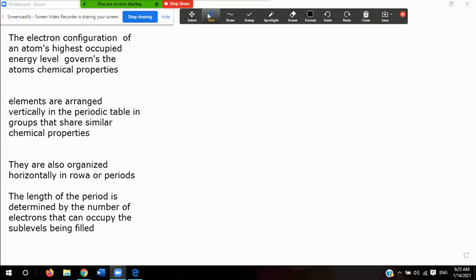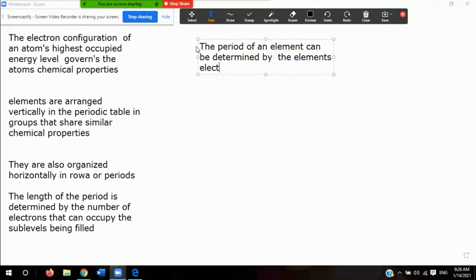So as I was mentioning, the period of an element can be determined by the element's electron configuration. For example, we have arsenic.